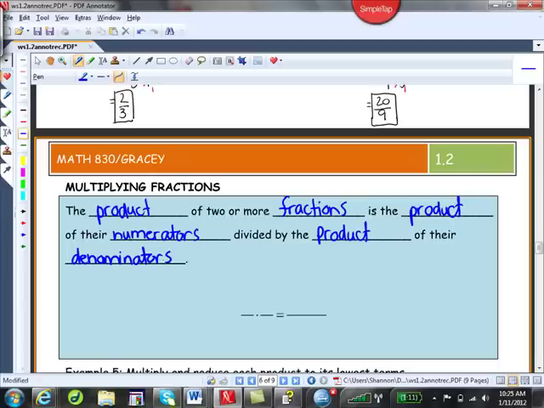So if we had some fraction, a over b, and we're multiplying it by another fraction, c over d, this is equivalent to a times c over b times d.